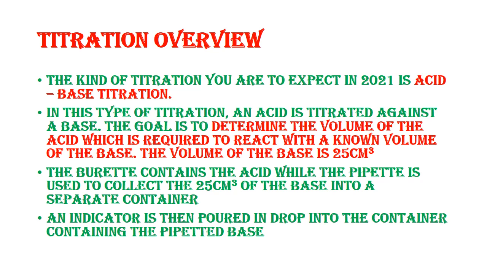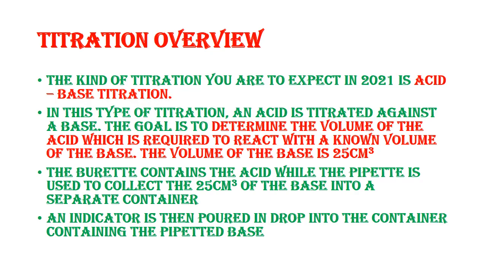The indicator is colored, so it will give the base a particular color. When you start pouring the acid, at the point where all the acid you have poured into the container has reacted completely, the indicator will change color. That is to note when the reaction has been completed.